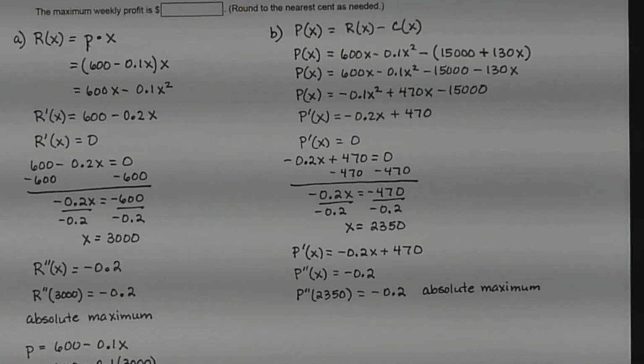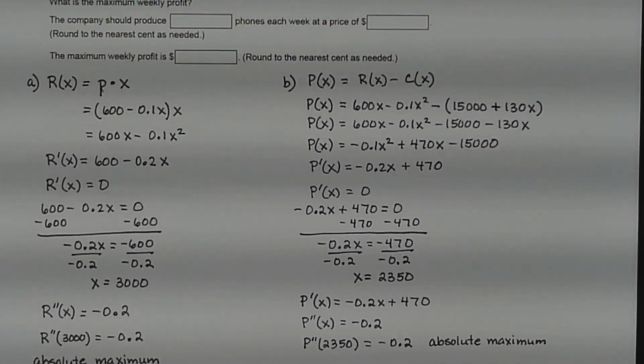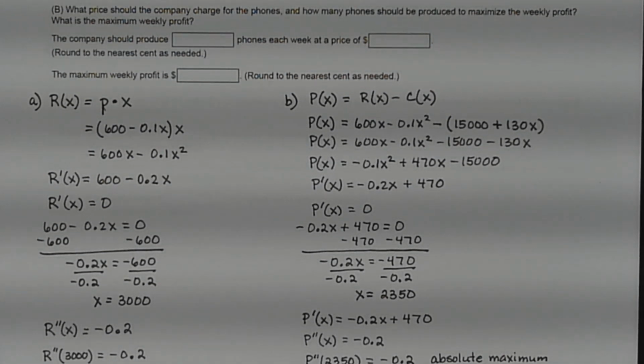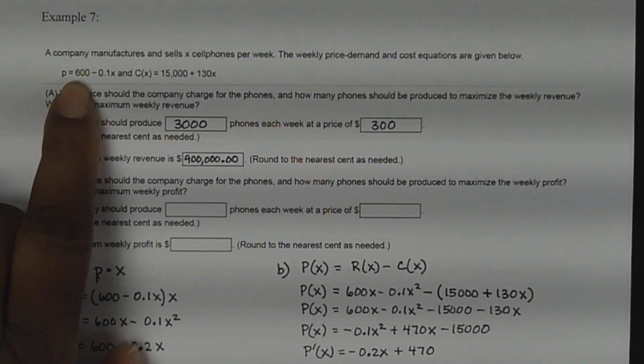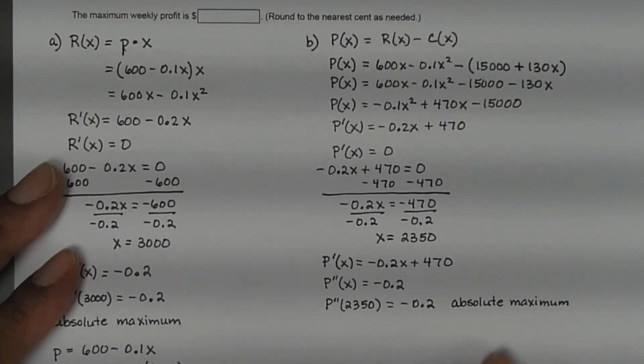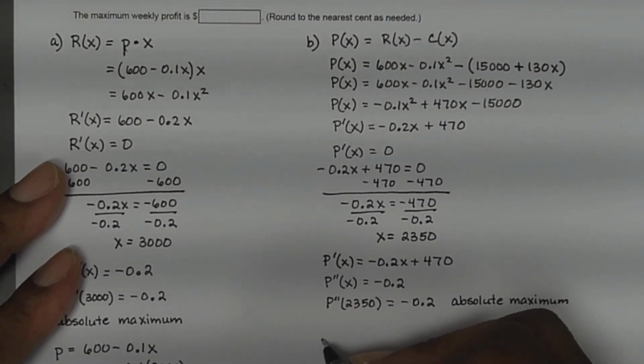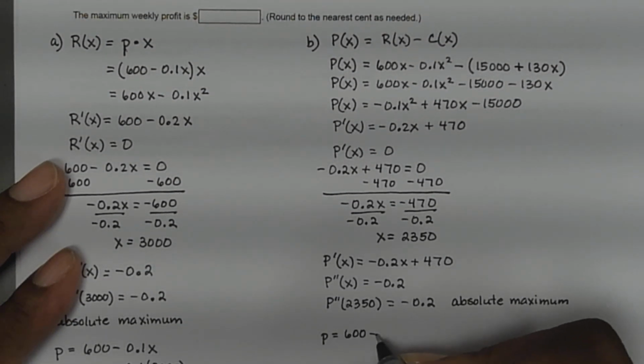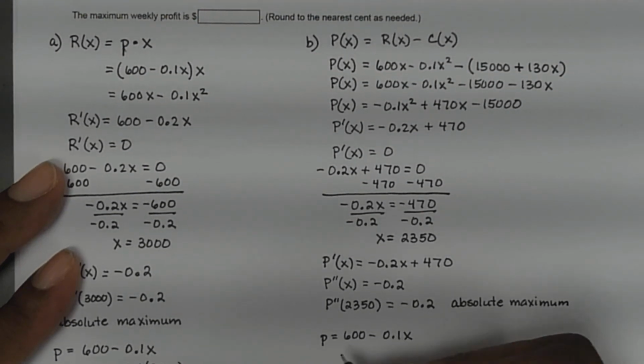All right, so now let's go ahead and find out what price the company should charge for the phones. Well, that price function is 600 minus 0.1x, so p is equal to 600 minus 0.1x.